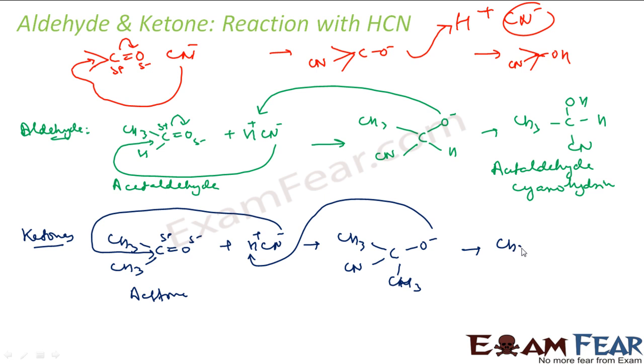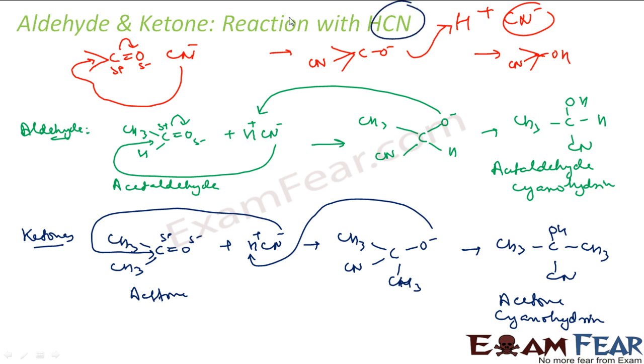So what you get is CH3, C(OH)(CN), CH3. You call it acetone cyanohydrin. And please note, this HCN is dangerous to work with. So please be careful when you are working with this in the lab. This is the typical reaction of acetone and aldehyde with HCN.